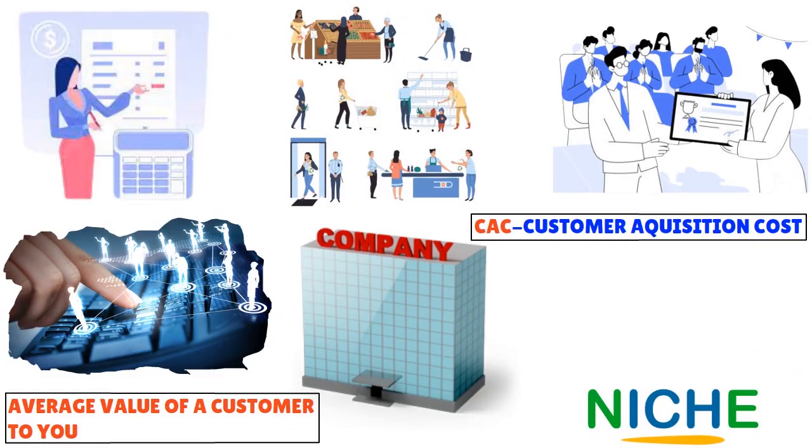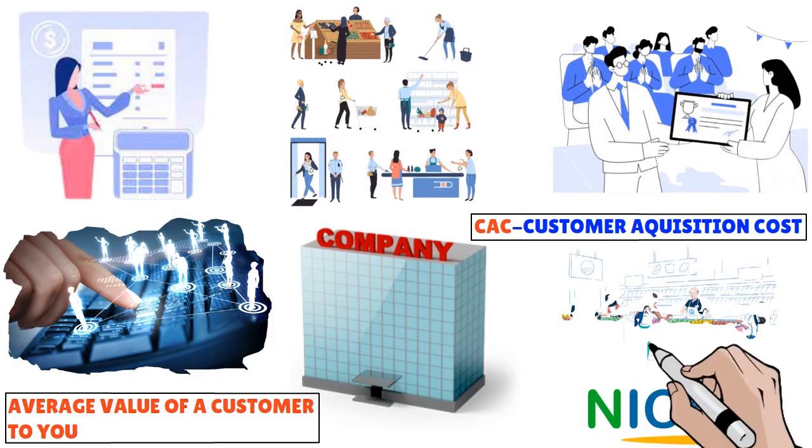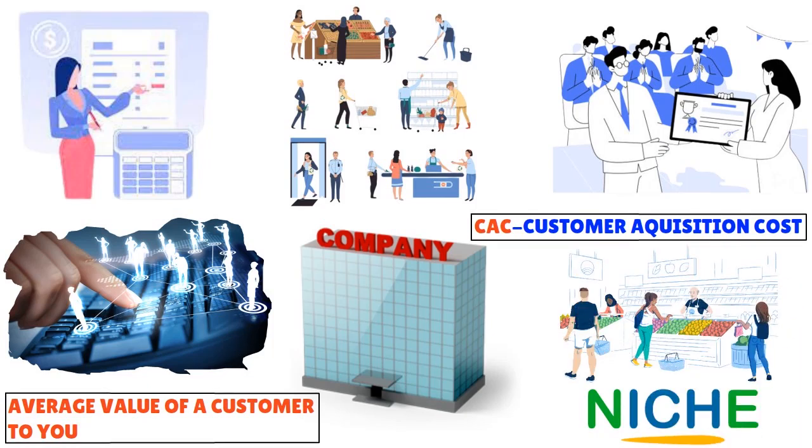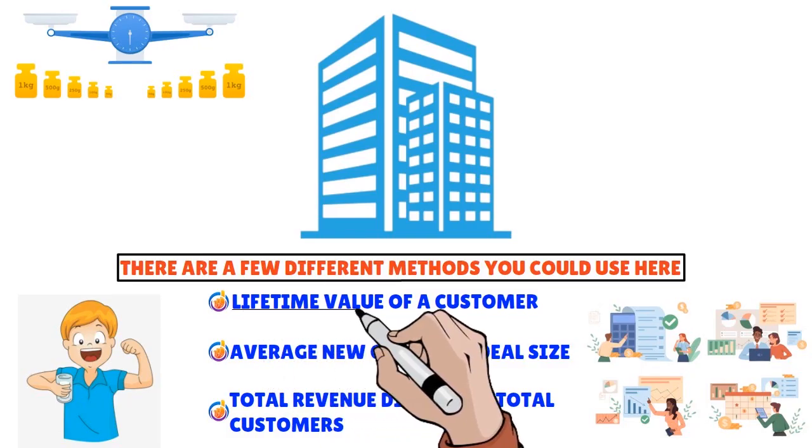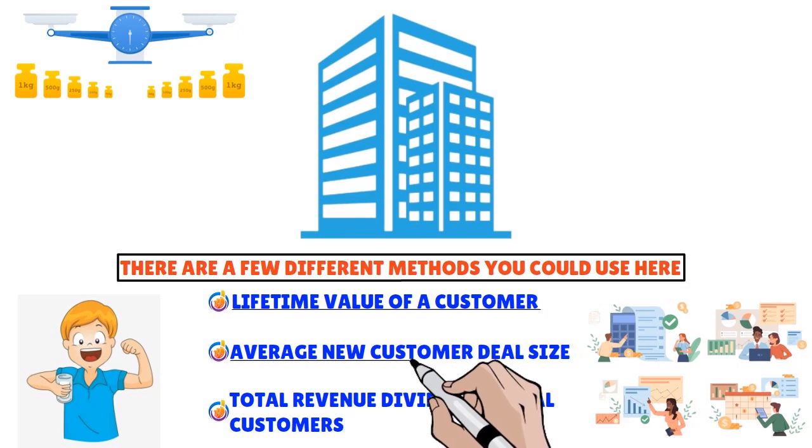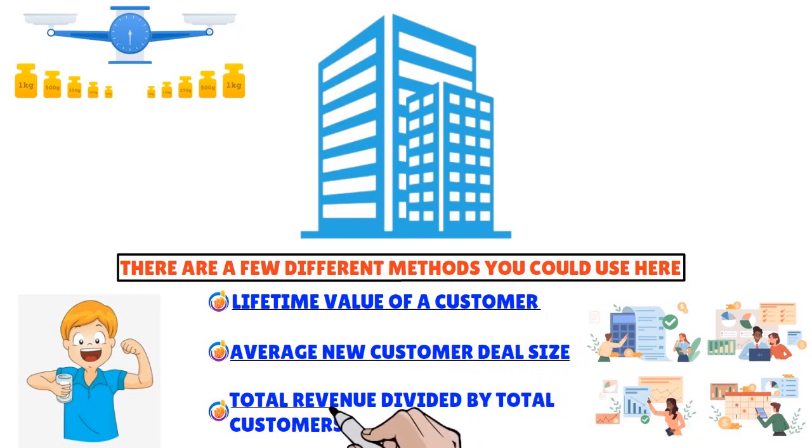So those are the three ways for you to really calculate the average value of a customer. Whichever way is suitable will depend on your business in the first place. So: lifetime value of a customer, average new customer deal size, or total revenue divided by total customers.